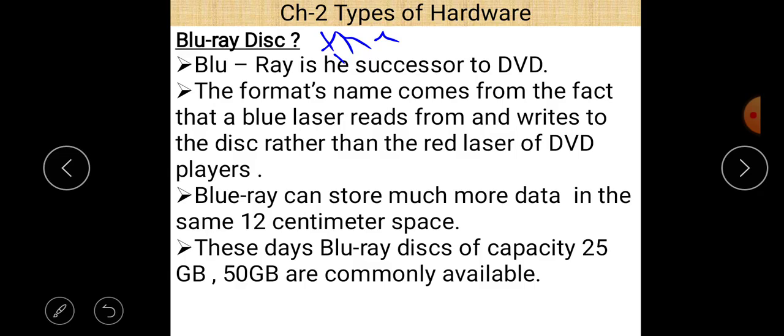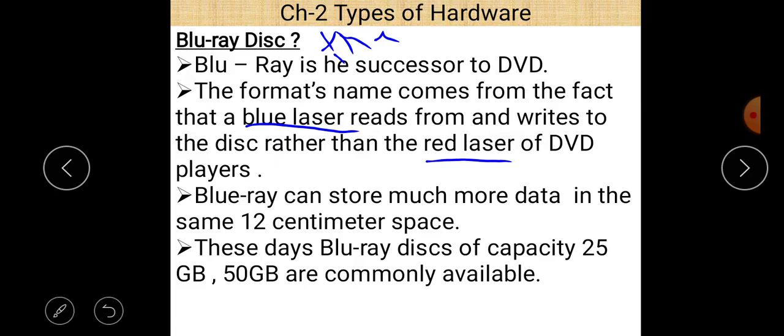The density of data is much higher compared to the DVD. As far as the concept is concerned, a blue laser is used in Blu-ray disc, while in DVD a red laser is used to read and write the data.